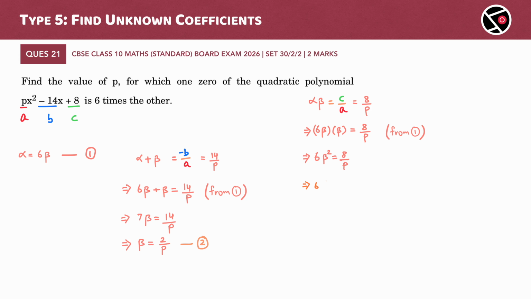So p square over p equals 24 over 8, or p equals 3.